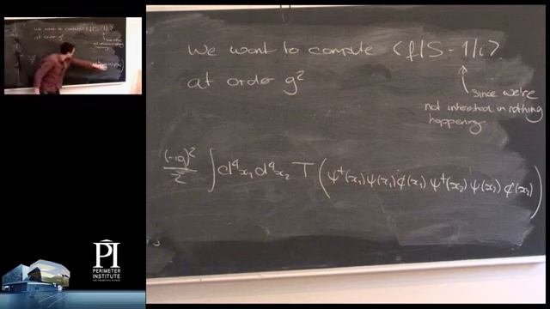So we get h squared. The interaction Hamiltonian is evaluated at 2 different points, x1 and x2. You then integrate over those points, but you have to time order this guy here.